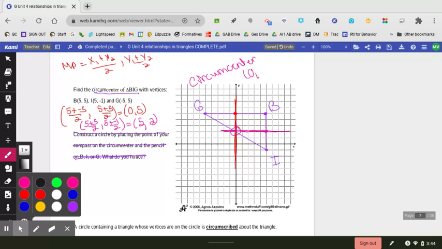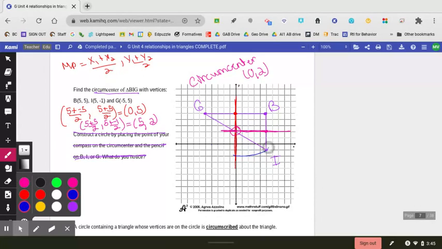Now, what we were kind of starting to talk about with our construction, which again, we're not doing constructions right now, is the idea that if I drew a circle so that that was the center, how I do a circle on graph paper is I count equal distance from the point. And if I were to graph that circle, it would touch the vertices of my triangle.